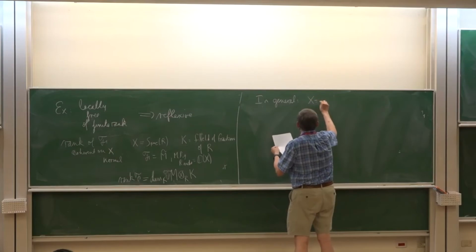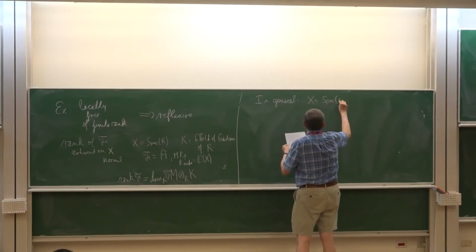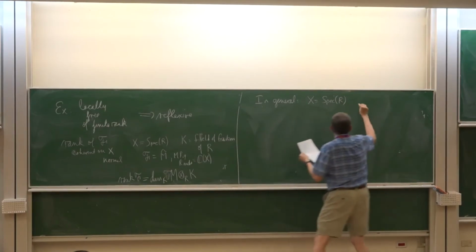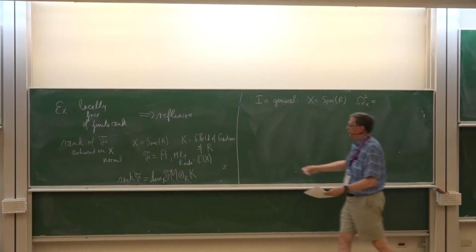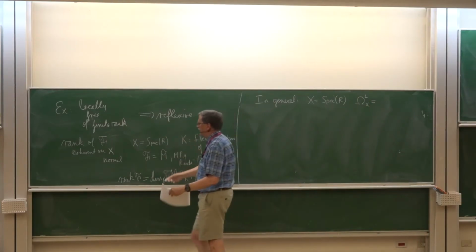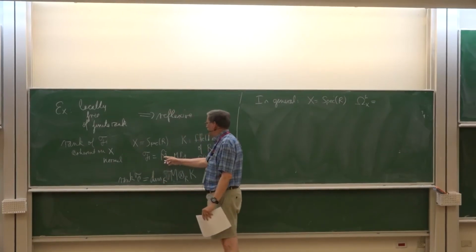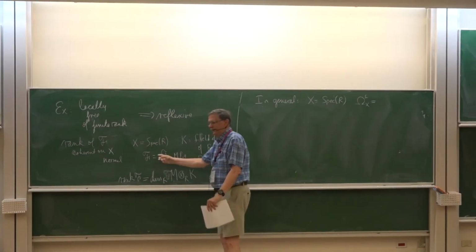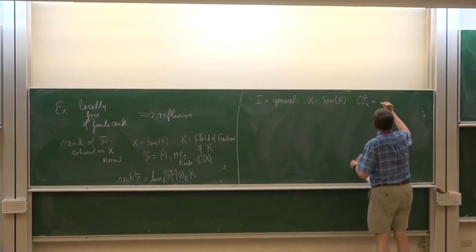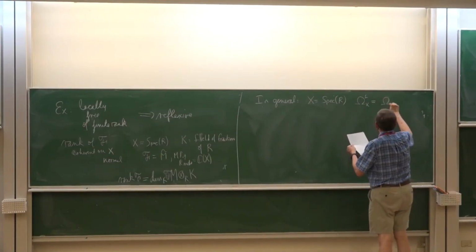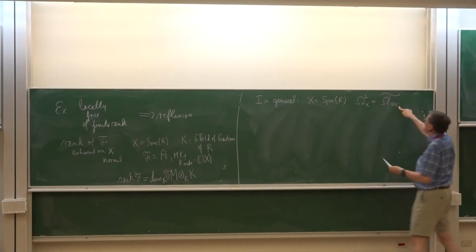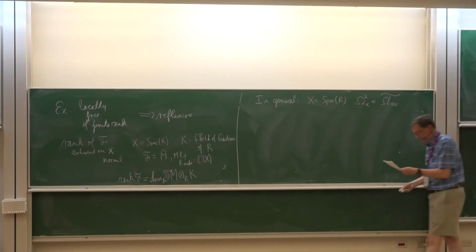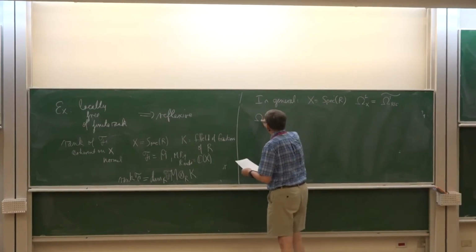So X is Spec R. What we call omega 1 of X is going to be a sheaf on Spec R, so that's going to come from this game. I'm going to cough up some finitely generated R-module and tilde it. I'll call it omega 1 of R over C, because we're doing differential forms over C. This is an R-module that I just turn into a sheaf. And what is this guy? These are called Kähler differentials.